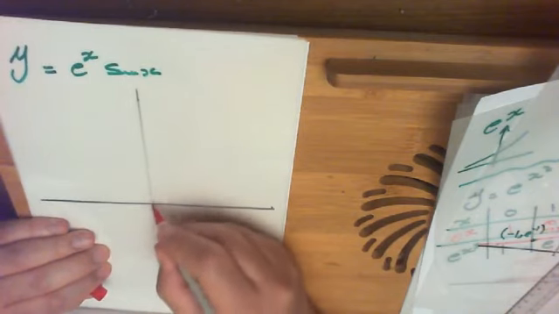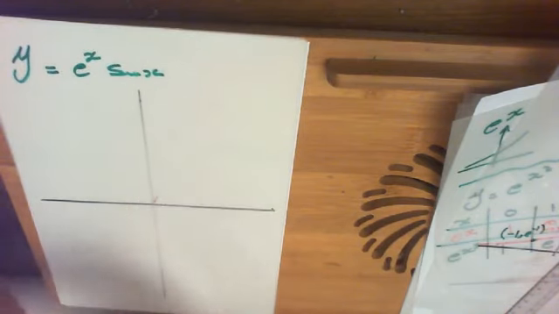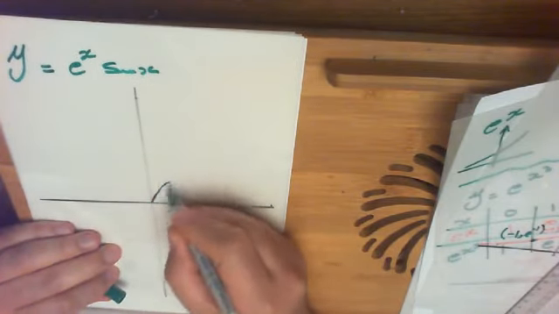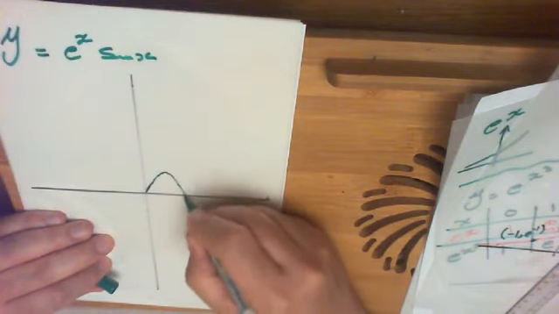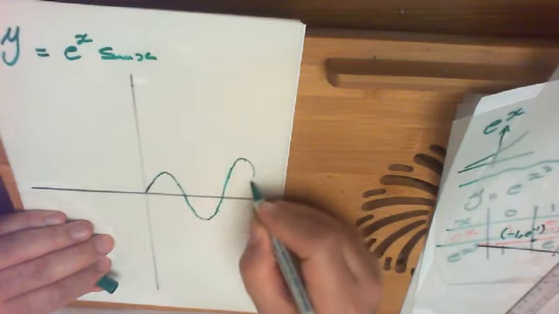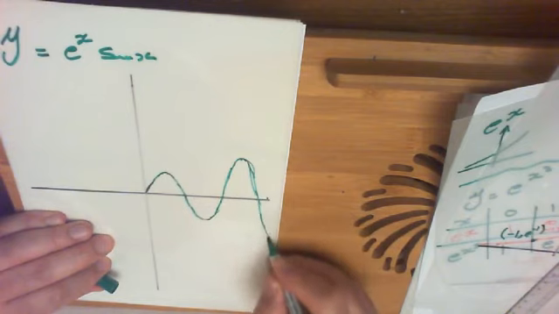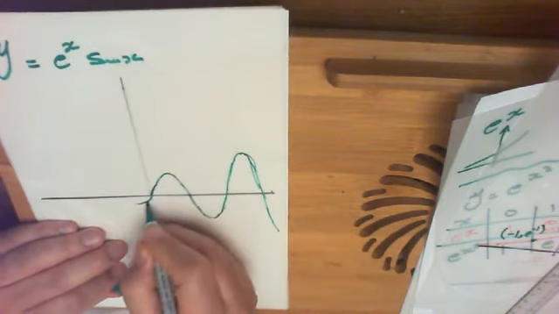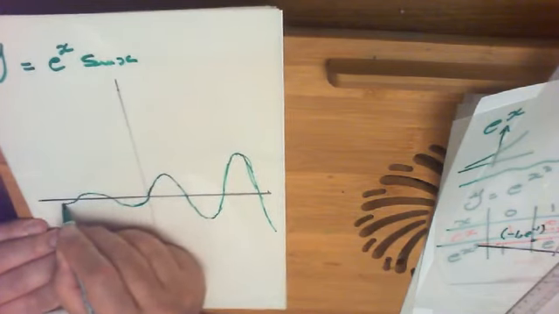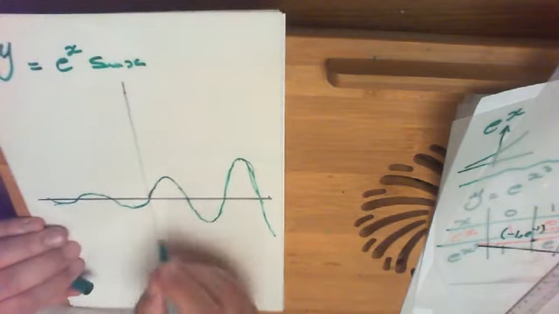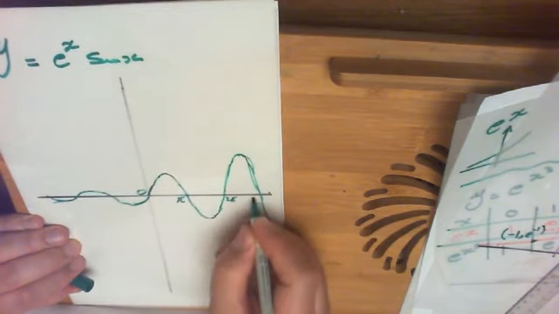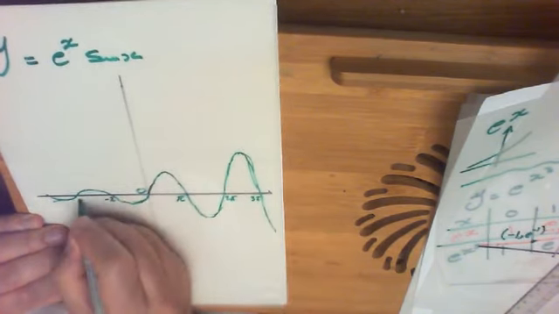Something like this. These points are 0, pi, 2 pi, 3 pi, minus pi, minus 2 pi.